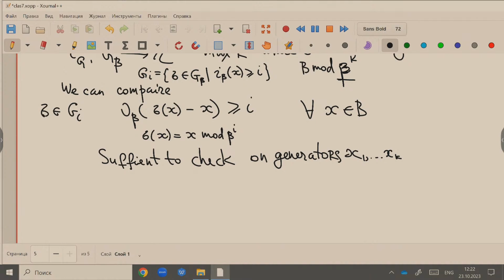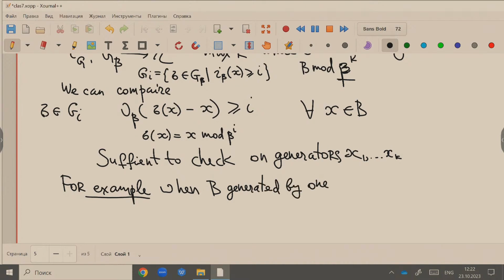So, for example, it can be checked when the extension is separable, when B is generated by one element, it is checked on the generator.